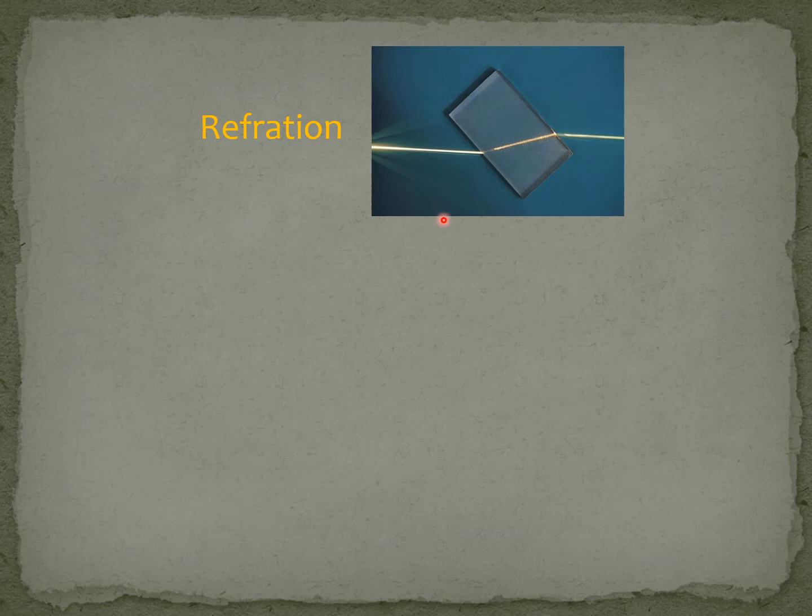The angle that it suffers is due to the angle of the surface being traversed, and it depends on the wavelength of the incident ray.